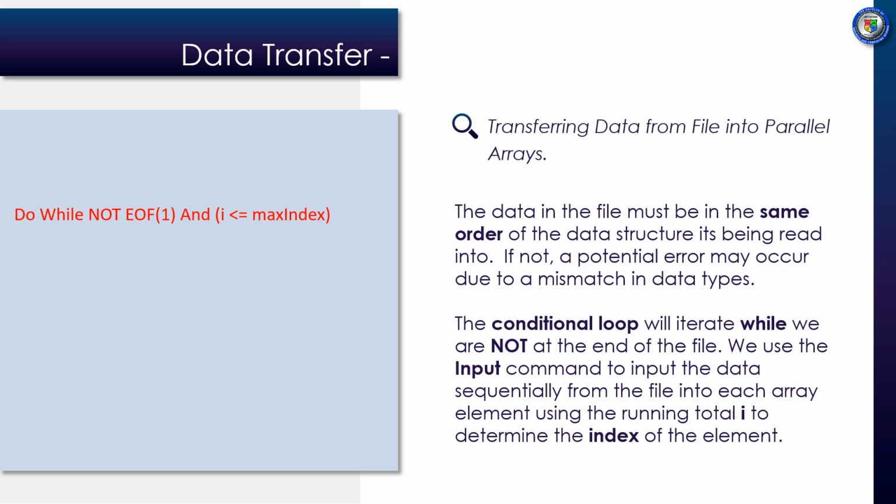The conditional loop will iterate while we are not at the end of file. We use the input command to input the data sequentially from the file into each array element using the running total I to determine the index of the element.